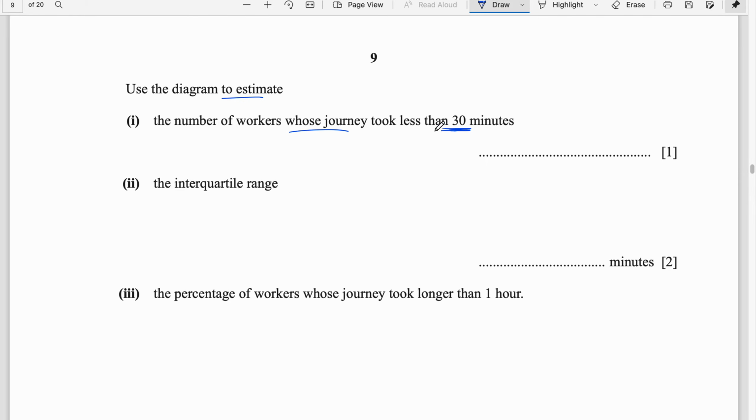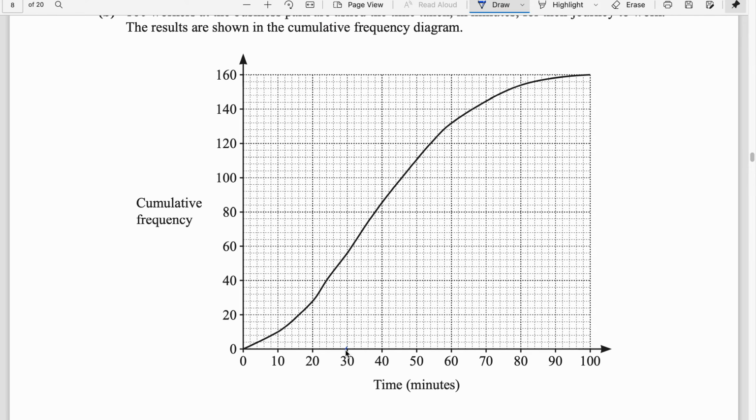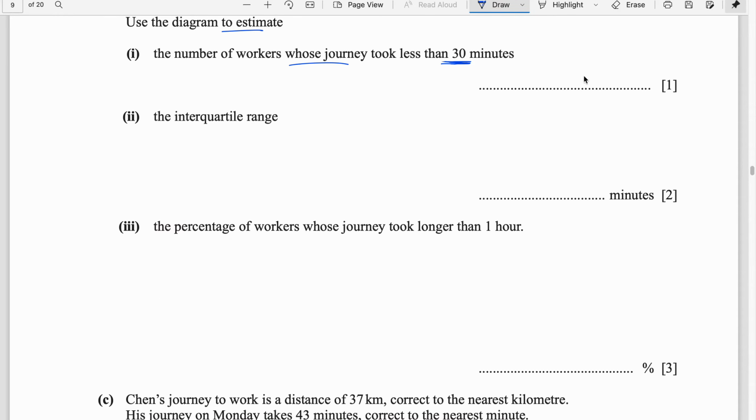So less than 30 minutes, we go to our graph and we read it. This is 30 right there, and this point should be 56. One small box represents 4 units, so that is 56 workers who take less than 30 minutes.